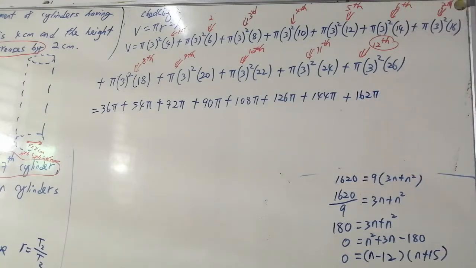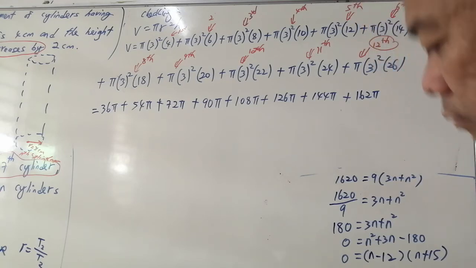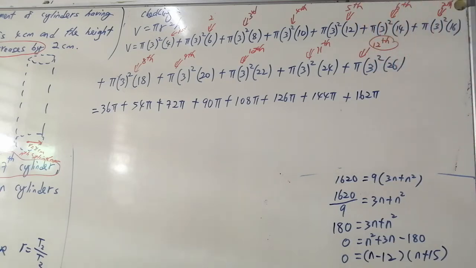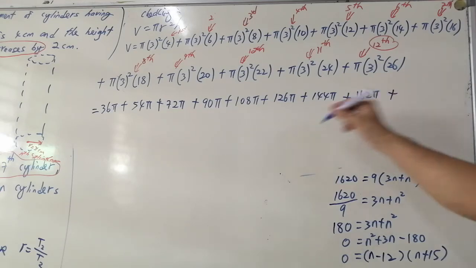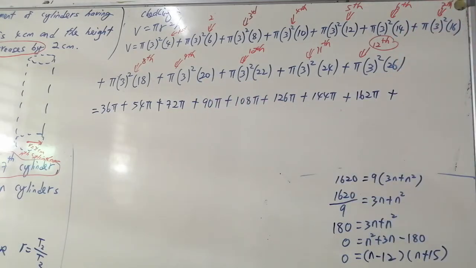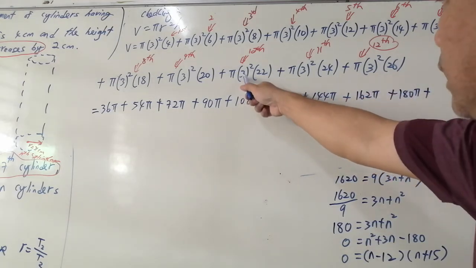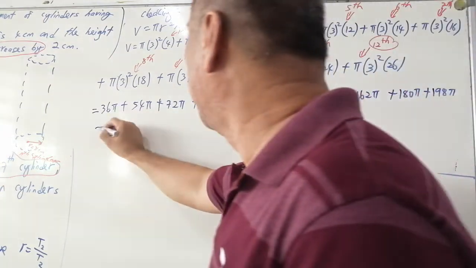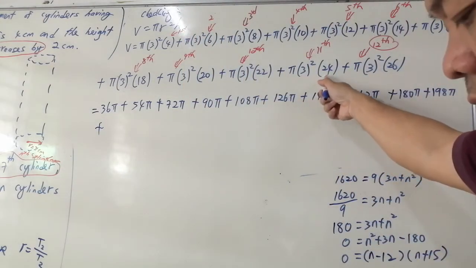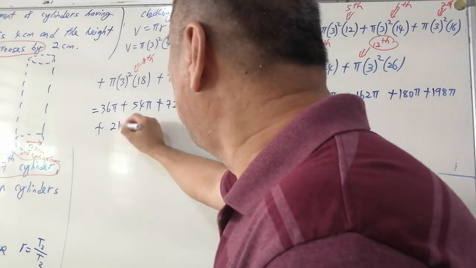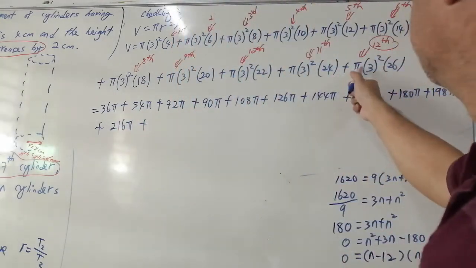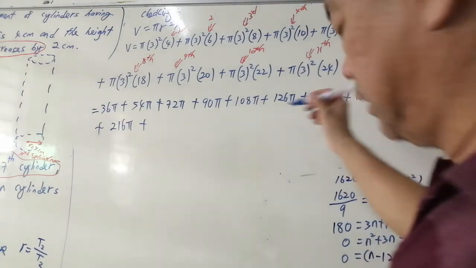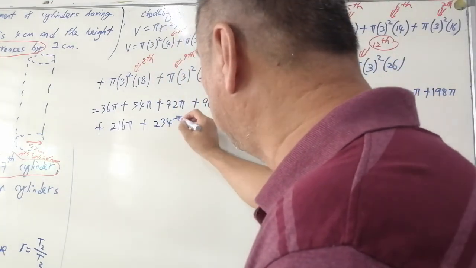Checking the answer first half. Plus 9 multiplied 20 should be equal to 180 pi. 9 multiplied 22 should be equal to 198 pi. Then plus 9 multiplied 24 should be equal to 216 pi, plus 9 multiplied 26 to be equal to 234 pi.